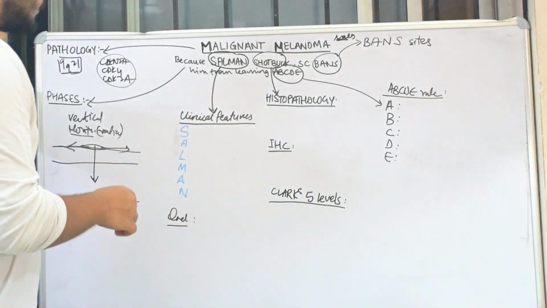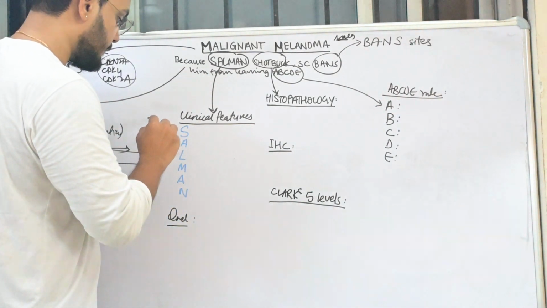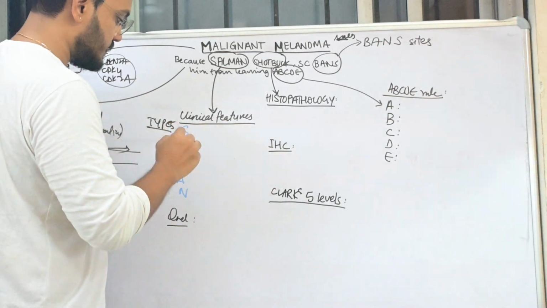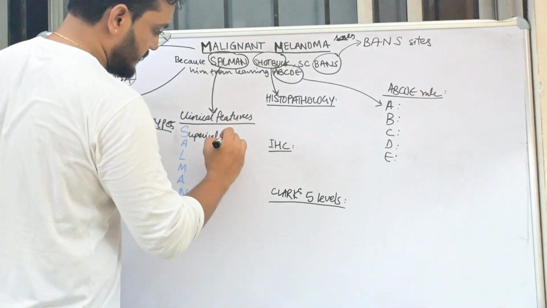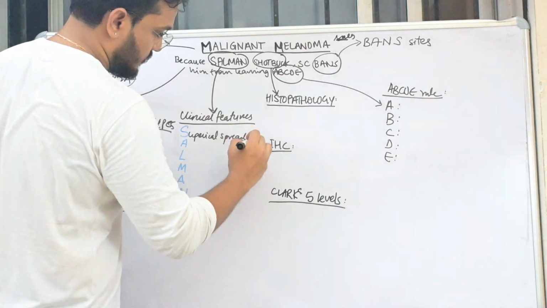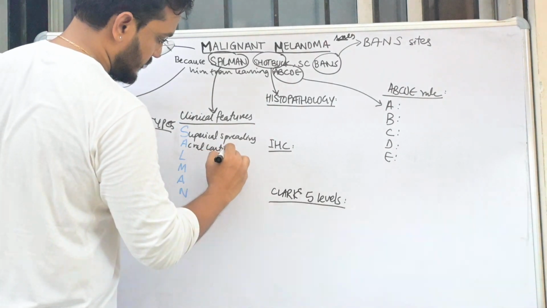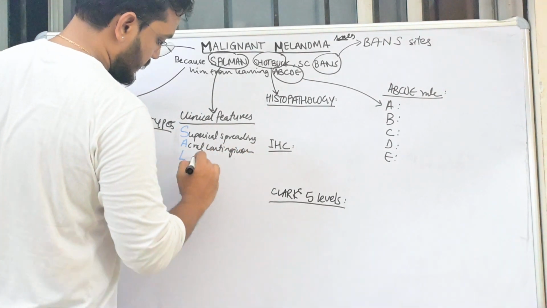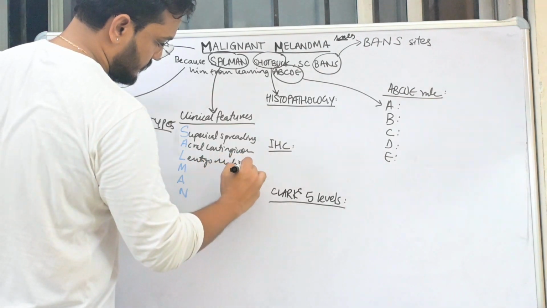Fine. Then moving on to the clinical features, we need to remember what the types are by this mnemonic, which is Salman. S stands for superficial spreading. We'll enumerate all first. A stands for acral lentiginous. L stands for lentigo maligna.